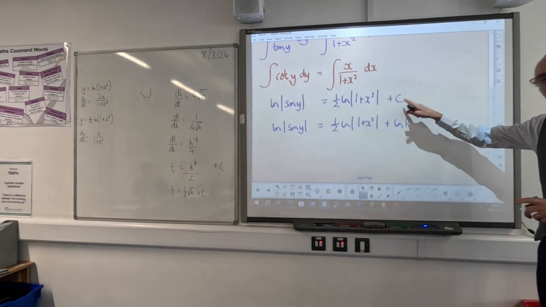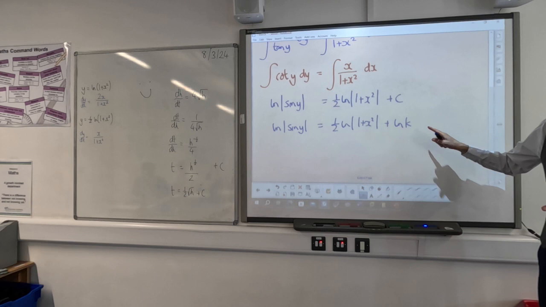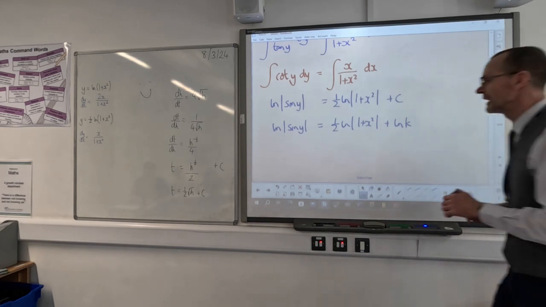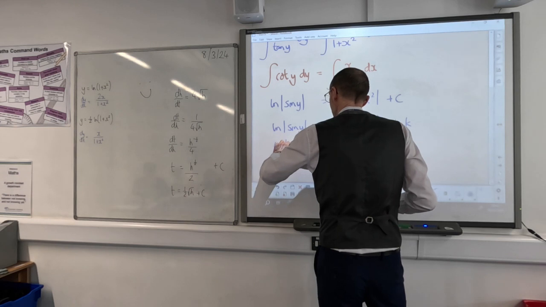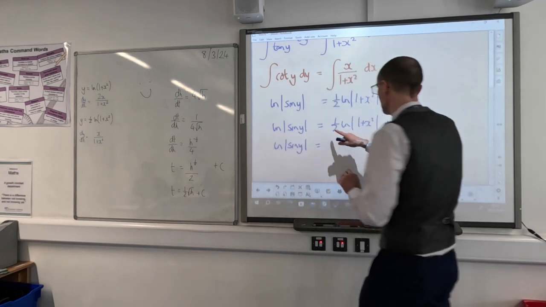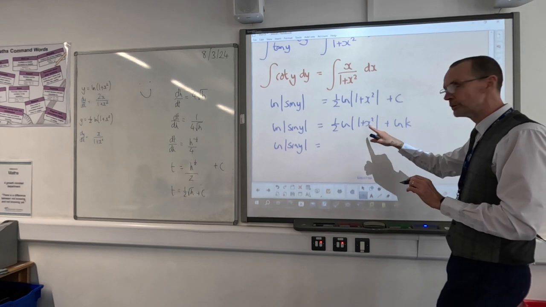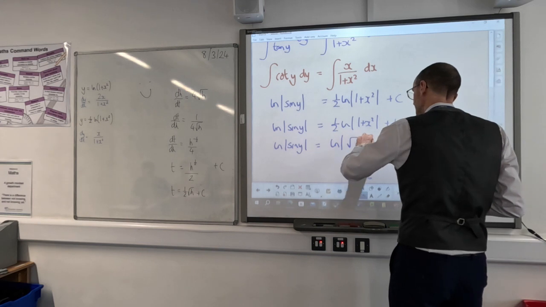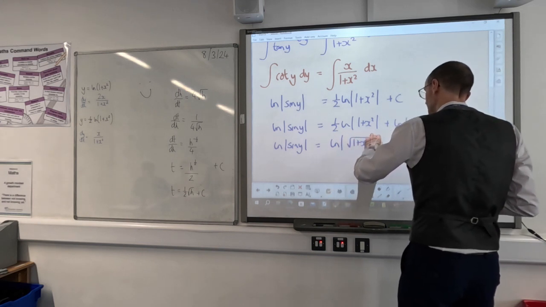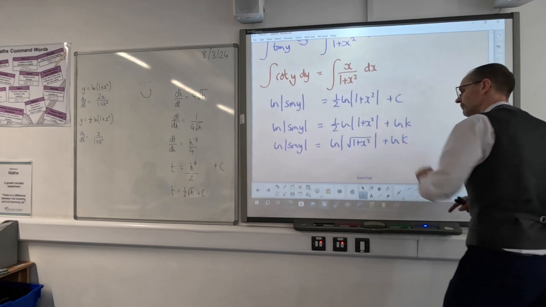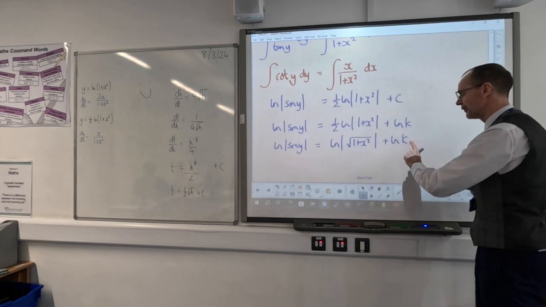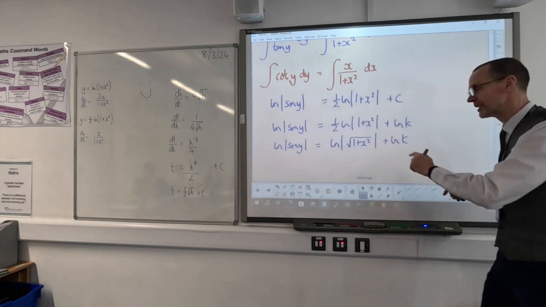Any number can be written as ln of something, so that might be helpful, because what I can then do is leave that as it is, and write this as ln of the square root of that, because that's the power of a half. And then I'm going to combine those two. The ln of a plus the ln of b is the same as the ln of ab.